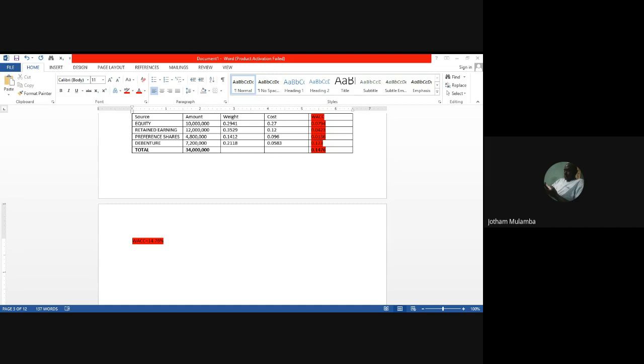Page 139. Let me try and see if I can share it so that we read from the same page.